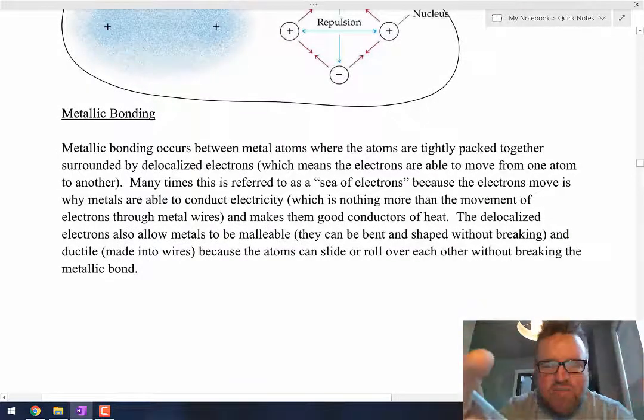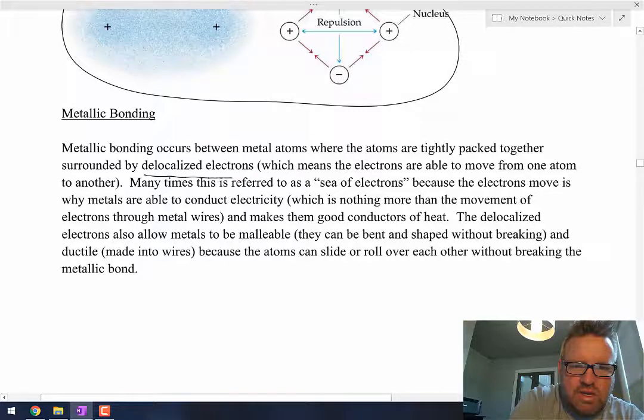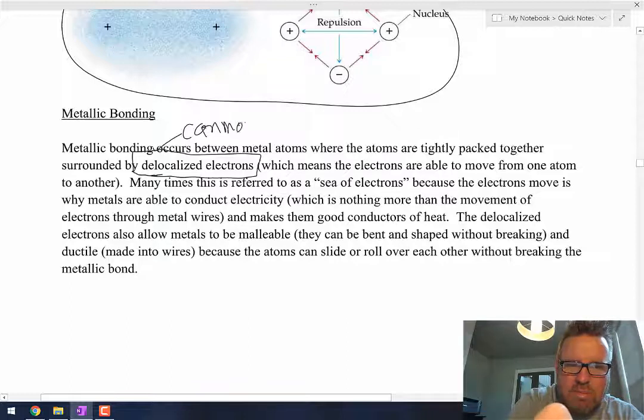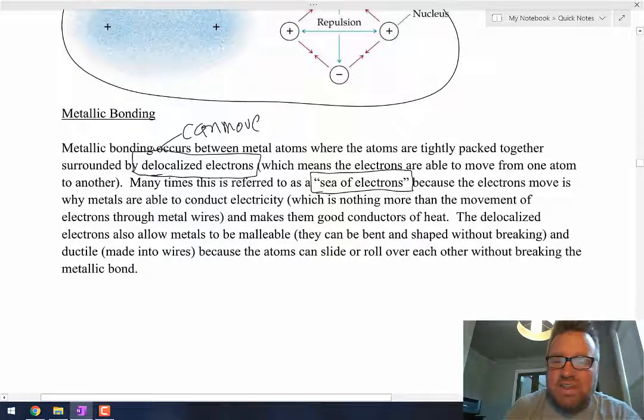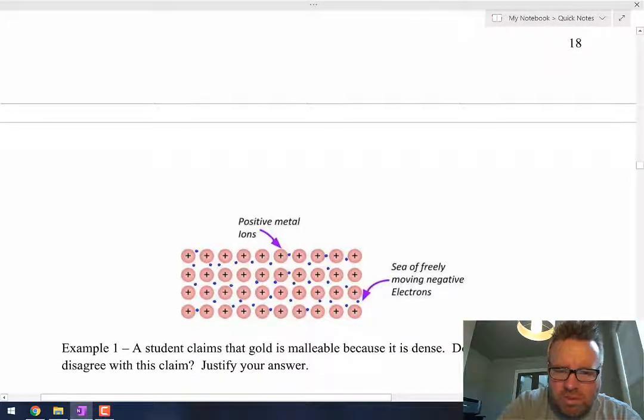Okay, metallic bonding is just some metal. When you have a sheet of metal, or the copper wire running through your house to run the electricity, those are all held together by metallic bonding. Some of the things you need to recognize here is that the electrons in metallic bonding are delocalized, which means they can move. Another way they talk about that is a sea of electrons, and you can see that down here, where the purple or blue dots can move around.